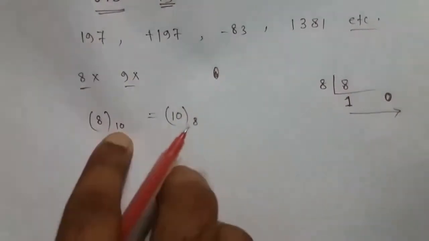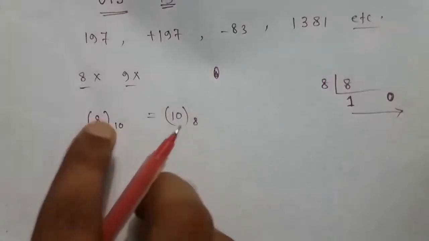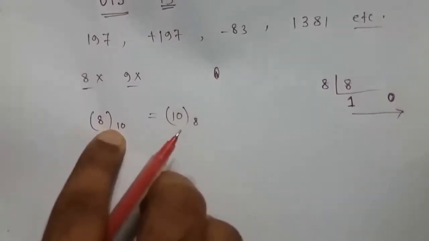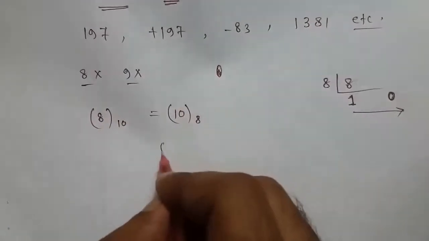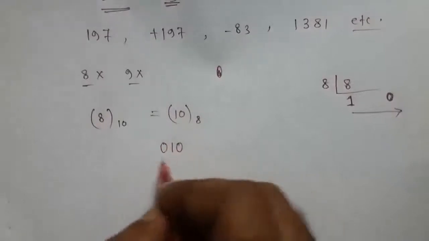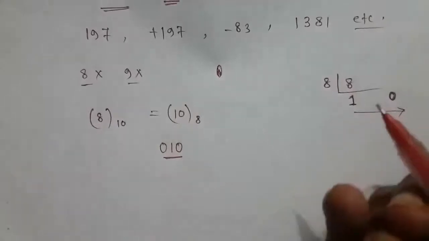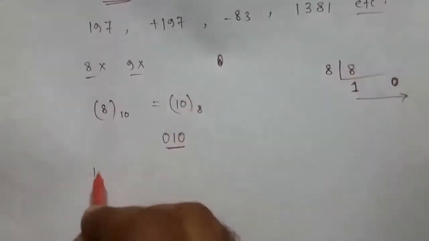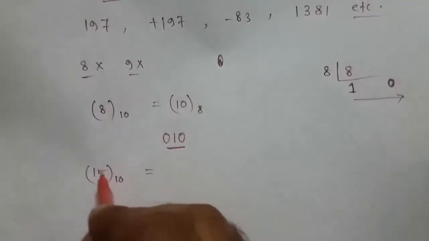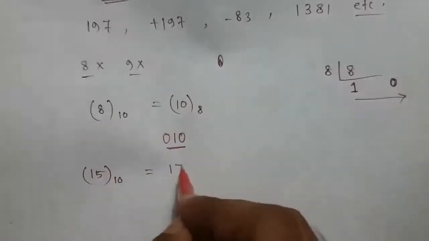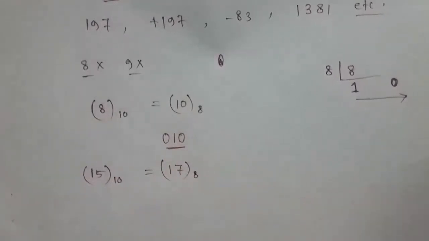So if I want to write the decimal number 8 in the octal number system, then I have to write 010 in Java programming. So 010 means it is an octal number. Similarly, if I want to write the decimal number 15 in octal, 15 is equivalent to 17 in the octal number system.